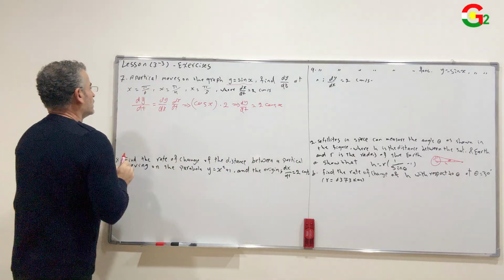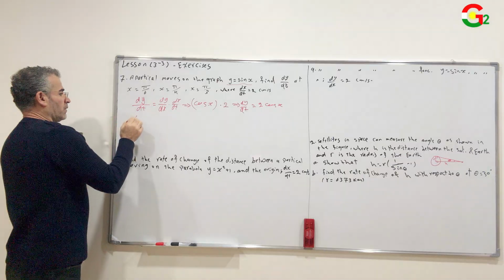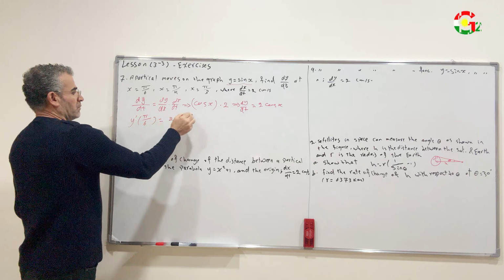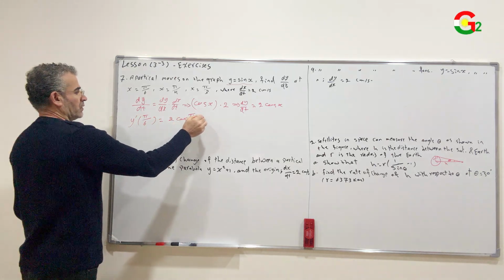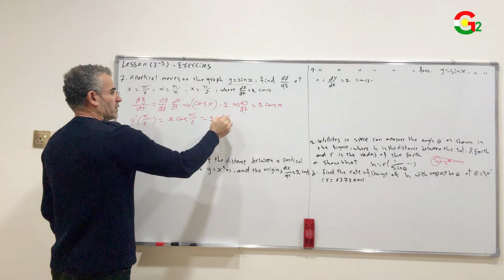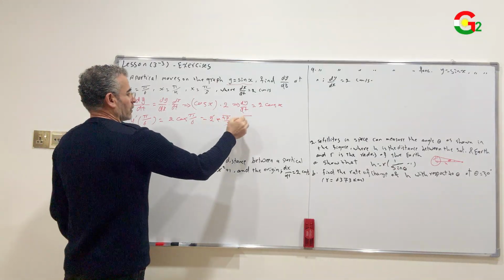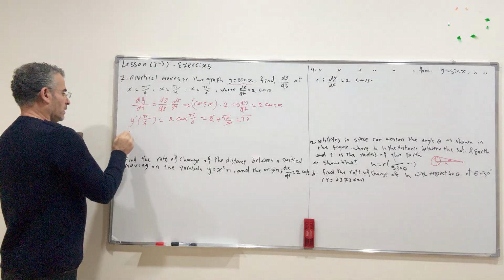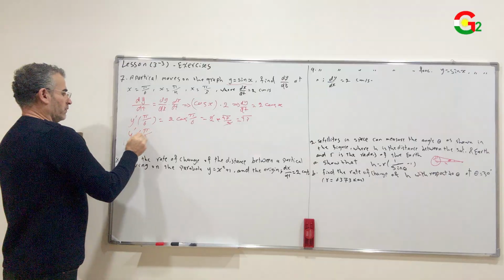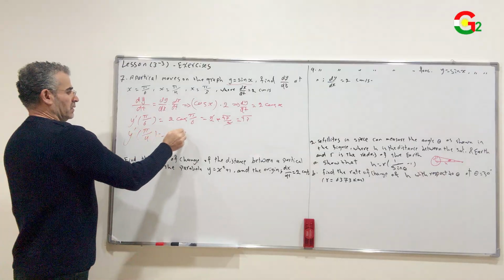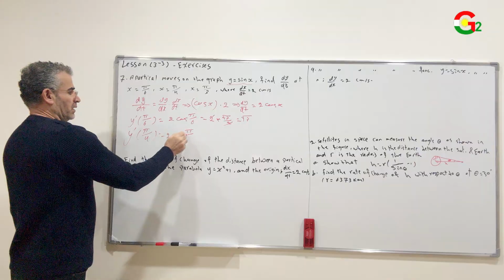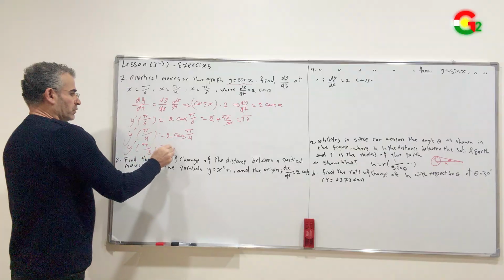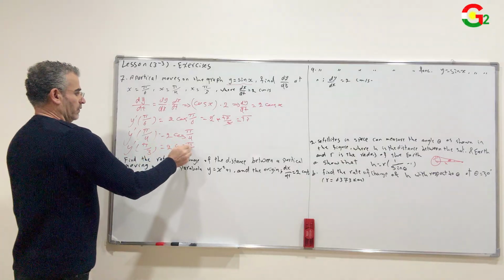At the point pi over 6, y prime of pi over 6 equals 2 cosine pi over 6, equals 2 times square root 3 over 2, equals square root 3. At x equals pi over 4, y prime of pi over 4 equals 2 cosine pi over 4, and at the point pi over 3 it equals 2 cosine pi over 3.